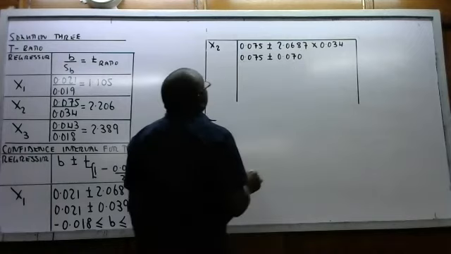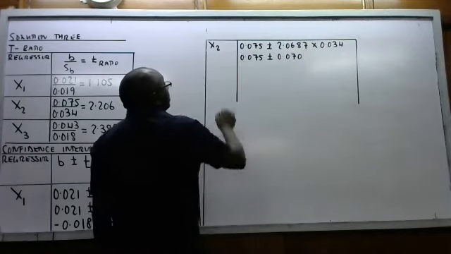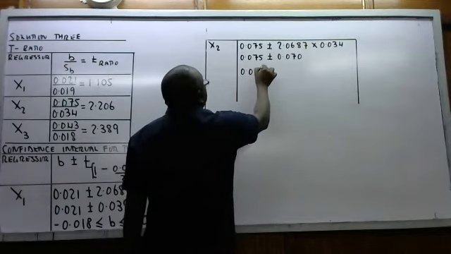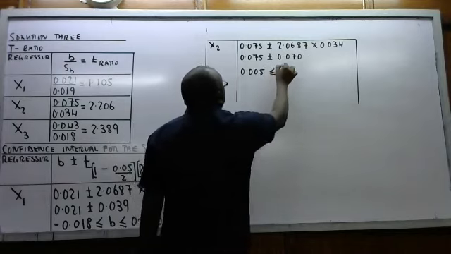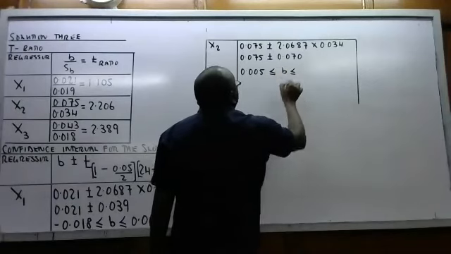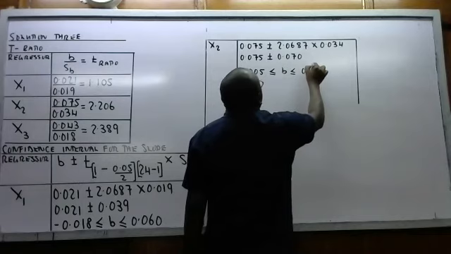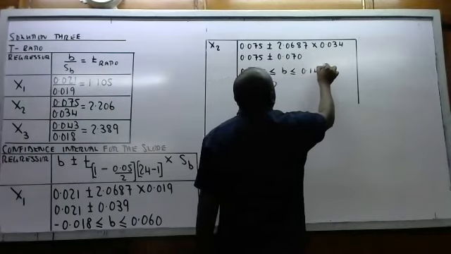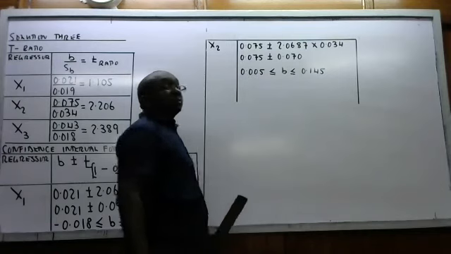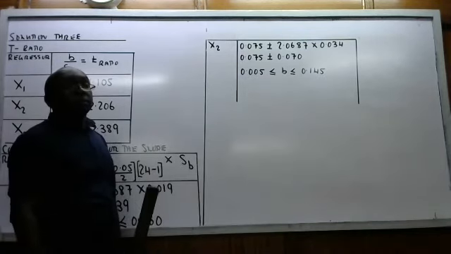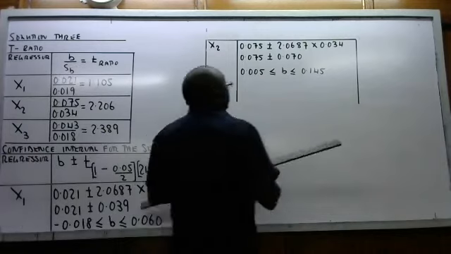Okay, then when you subtract, we are left with 0.005. And then when you add, you are left with 0.145. Okay.